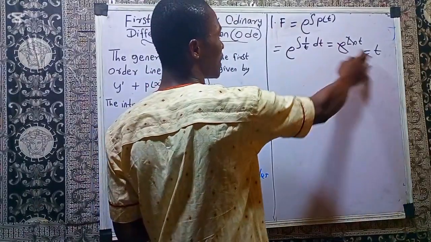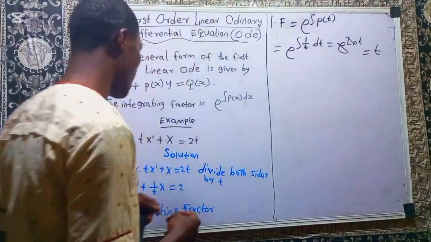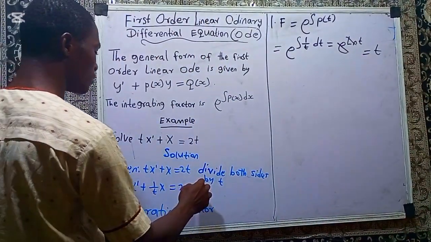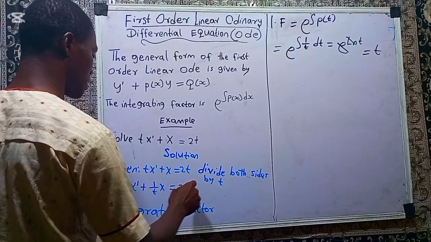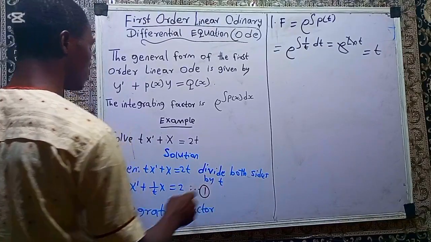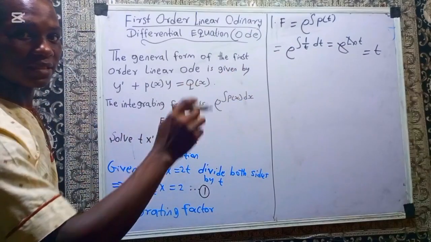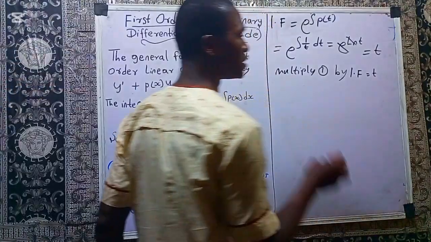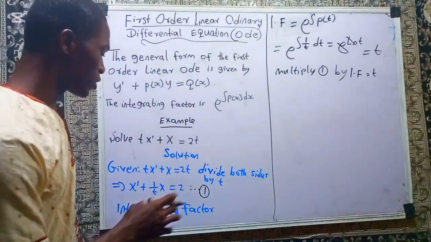So our integrating factor is t. Now let me call this equation, the one we wrote here, equation 1. You now multiply equation 1 by the integrating factor, which is our t.